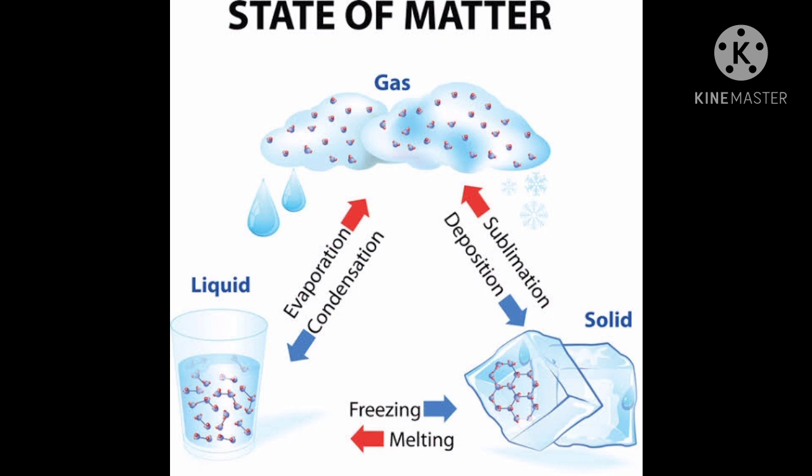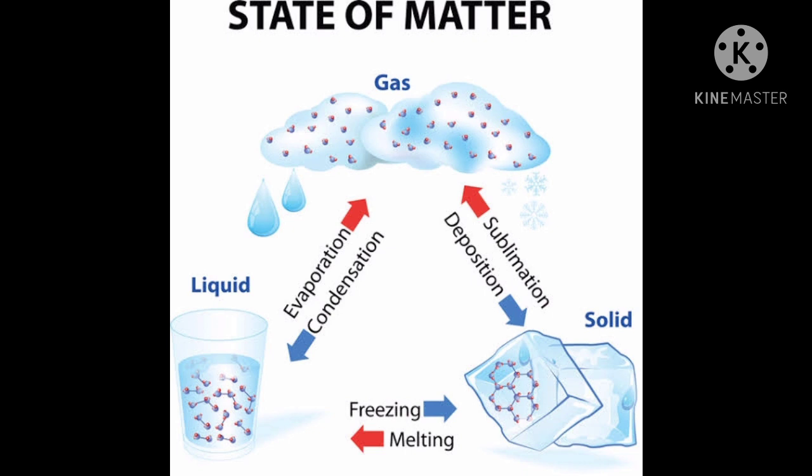Children, you can see only heating and cooling can change the state of matter. Water constantly changes states by means of this process, evaporation. Water from liquid bodies changes into vapor state and escapes into the atmosphere due to the heat of the sun.